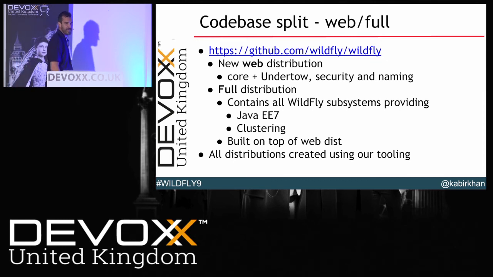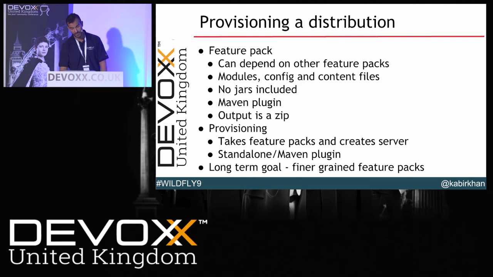But what we have is a new web distribution, which is basically the core package that I mentioned, along with Undertow, the web server, security, and naming. And then the full distribution, which contains all the subsystems, which gives you the full Java EE 7 stack and clustering. And all these distributions are created using our tooling. So central to this tooling are two concepts. One is a feature pack.